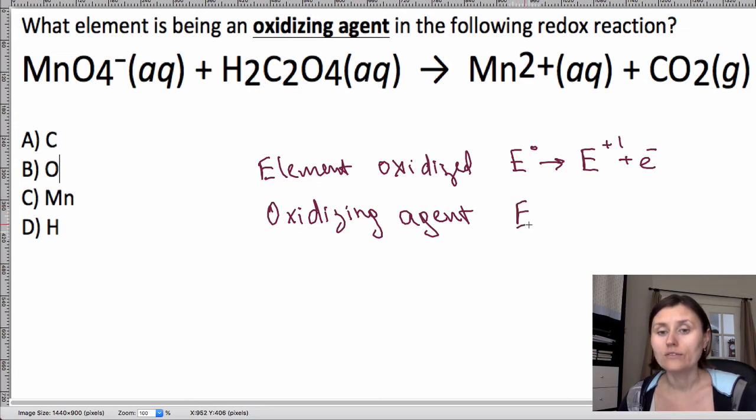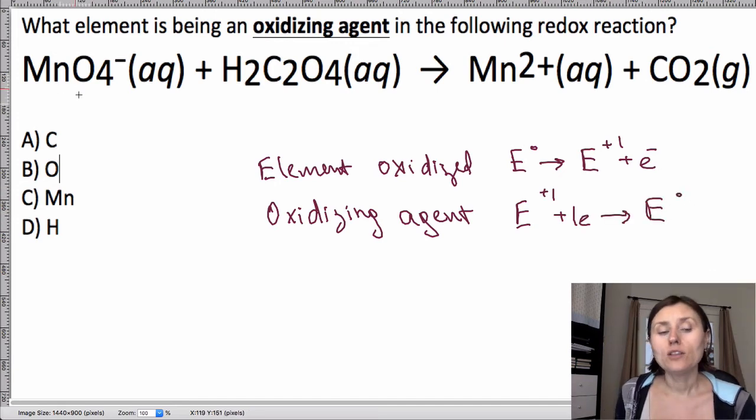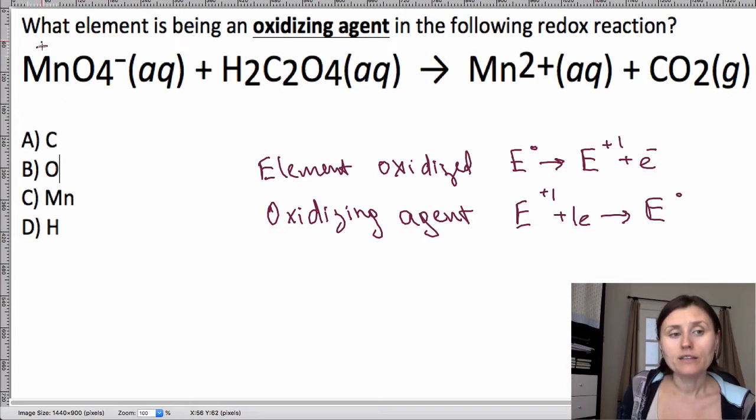So it would be the opposite case. We know that the element that lost the electron is the carbon, right? So carbon actually lost one electron. But the element that gained electrons is the manganese, because manganese went from +7 to +2 here.